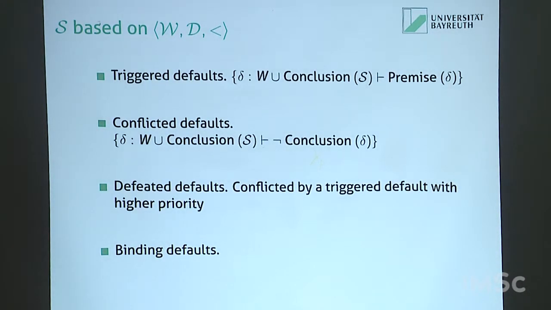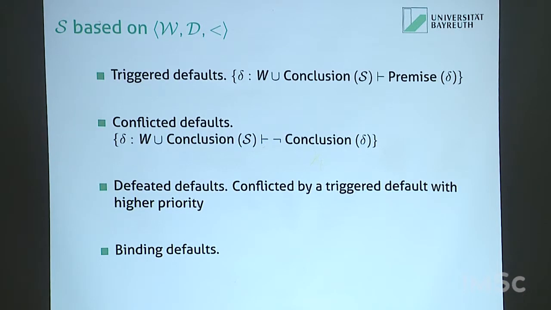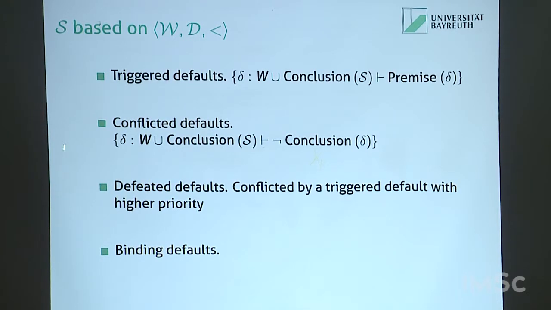Okay, so this won't build up too much, but let's just look at this. A default in a scenario is conflicted. Well, this is a bit of a complicated way to say something simple, namely, a default is conflicted if your knowledge base entails the negation of the conclusion of that default.